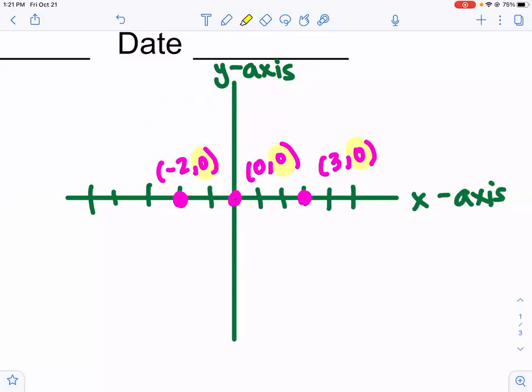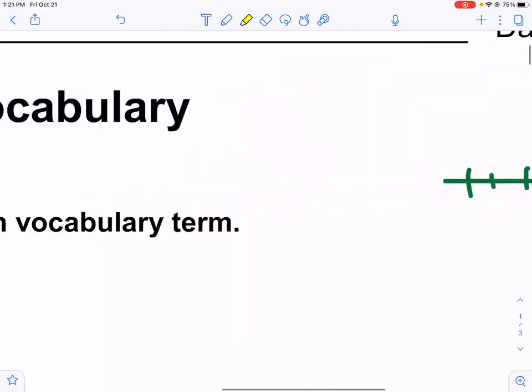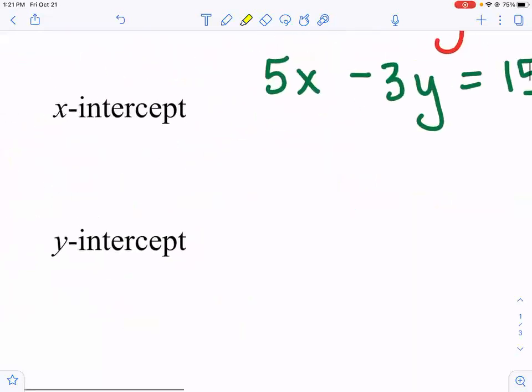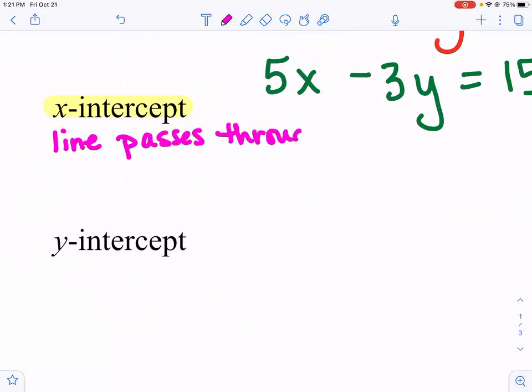Okay. So I want you to come over here to this x-intercept. The x-intercept is when our line passes through the x-axis.